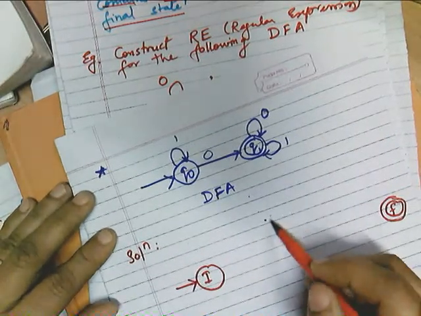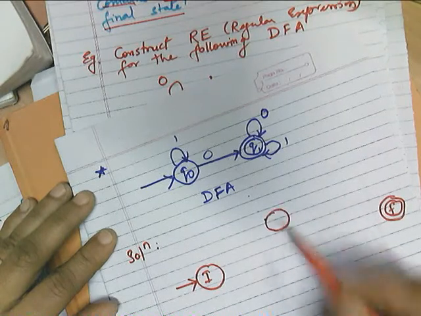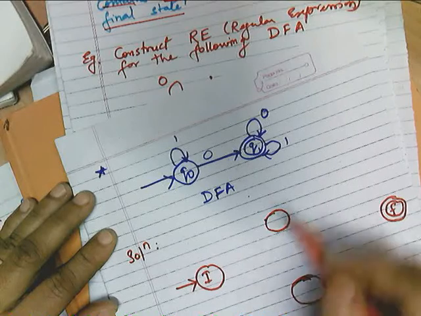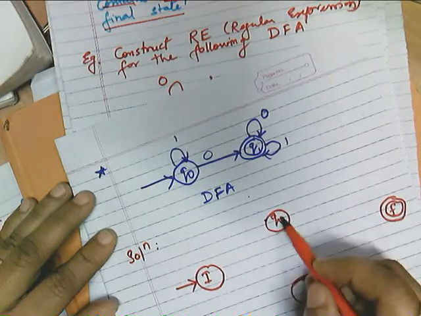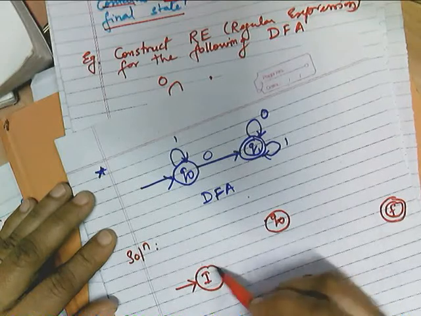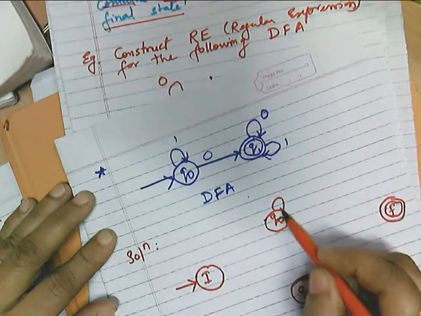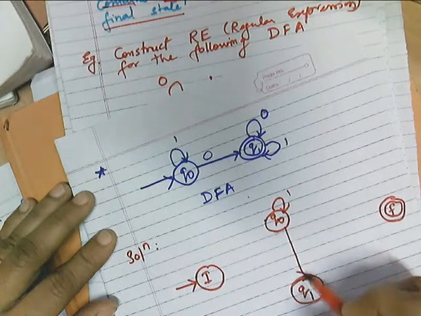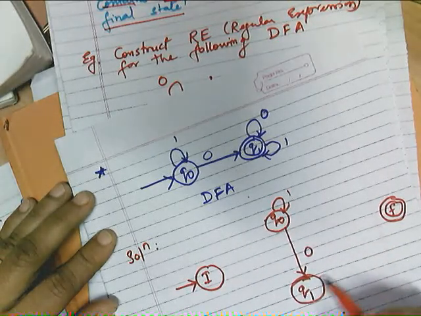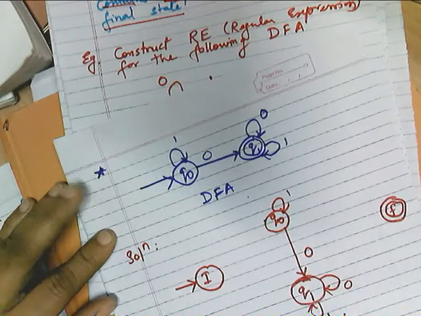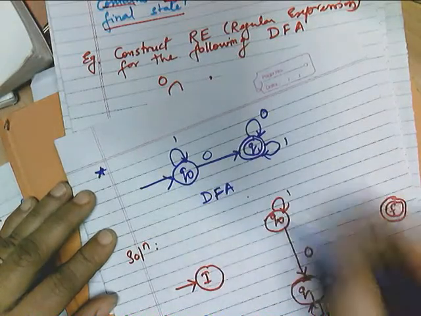These two states, we need not mark now as final because we have a new final state. This is my Q1. Now there is a self loop here; I need to copy all the things as it is, there is a 0 and there is a 1. So I have just copied the same thing.